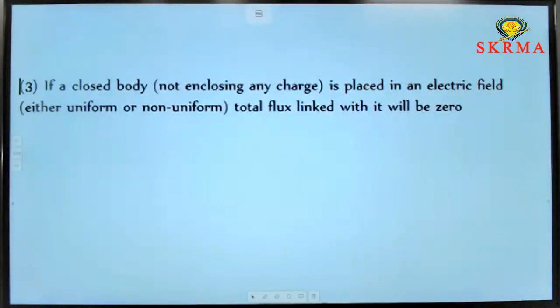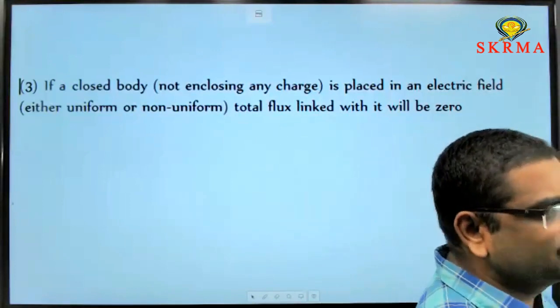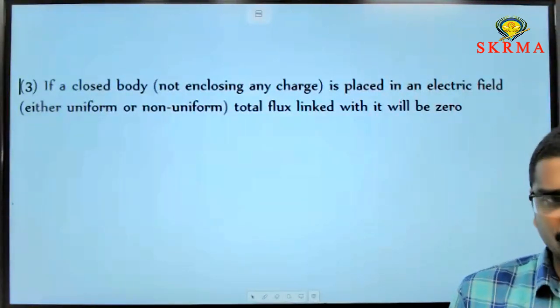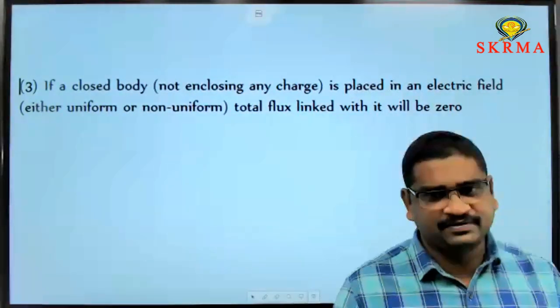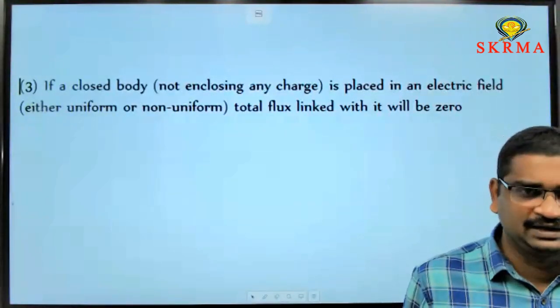Next application. Assume that a closed body is placed in an electric field, either a uniform or a non-uniform electric field.